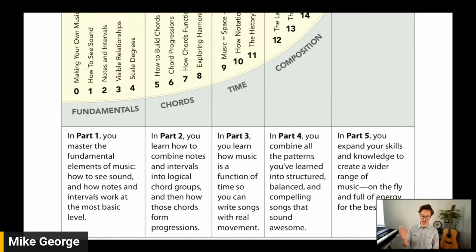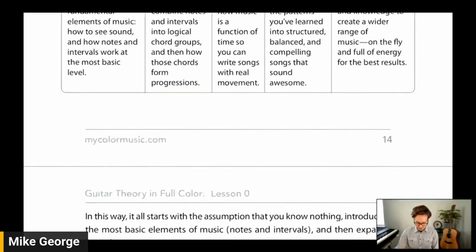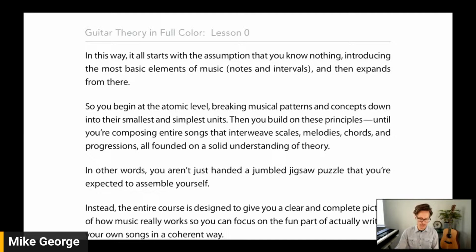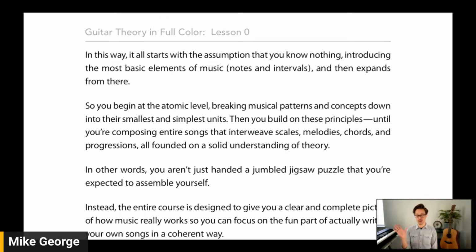And then in part 5, the last part, improvisation, you expand your skills and knowledge to create a wider range of music on the fly and full of energy for the best results. In this way, it all starts with the assumption that you know nothing, introducing the most basic elements of music, notes and intervals, and then expands from there.